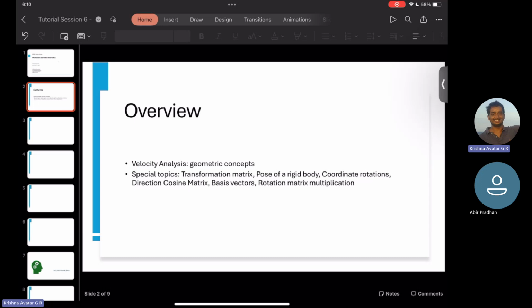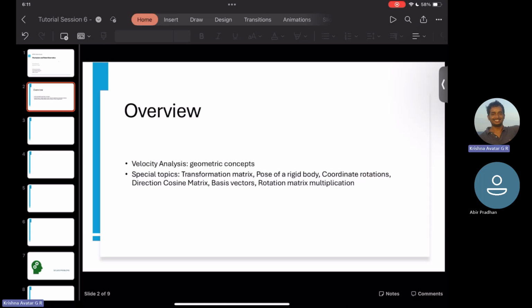It's just some write-up, but a very excellent write-up on representing attitude, and it talks about various different approaches to define the angle representations for a rigid body system. I'll spend a little bit on velocity analysis and the geometric concepts in today's session.